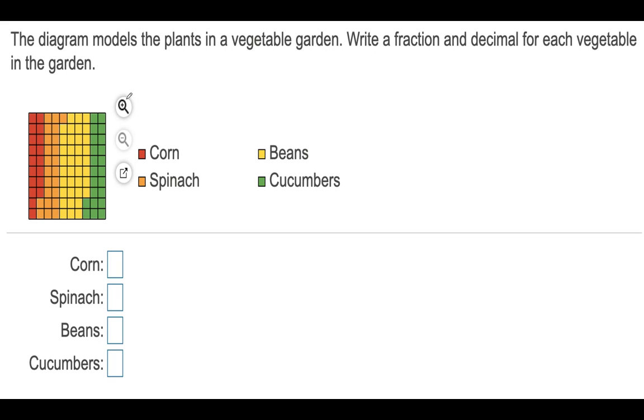So let's practice understanding how to write a fraction and a decimal for each thing that they're asking. Okay, so the red is the corn, the orange is the spinach, the yellow is the beans, and the green is the cucumbers. So now I have 100 out of everything, so we know that each one needs to have 100 as their denominator, because the 100 is our whole.